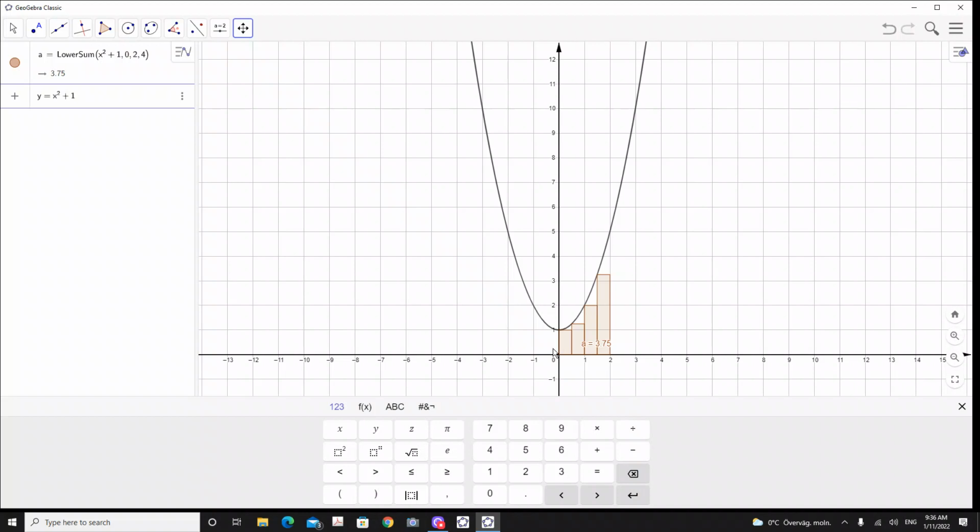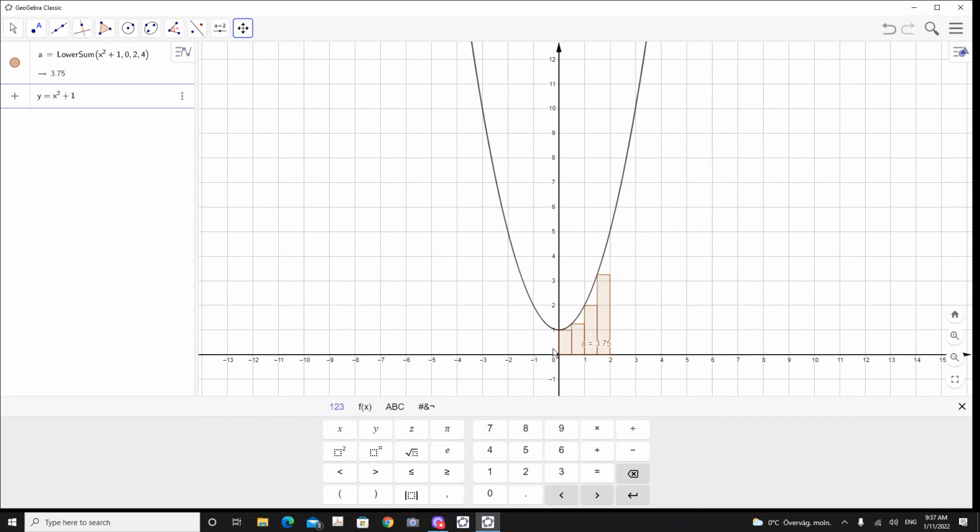So that was the graph that I drew for you from 0 to 2. Do you remember that portion of the graph? And then I am making these rectangles as I did in my calculation. The answer that I got, if you remember, was 15 over 4, and 15 over 4 is exactly 3.75.